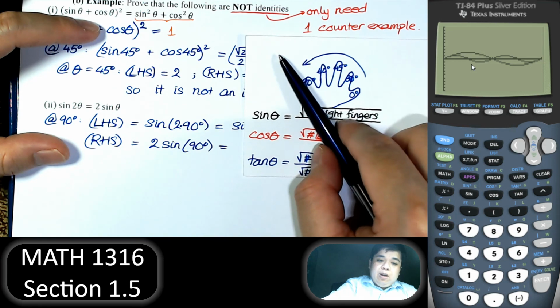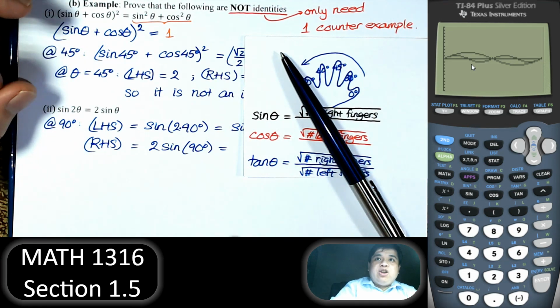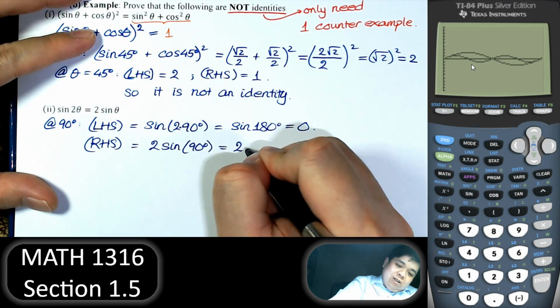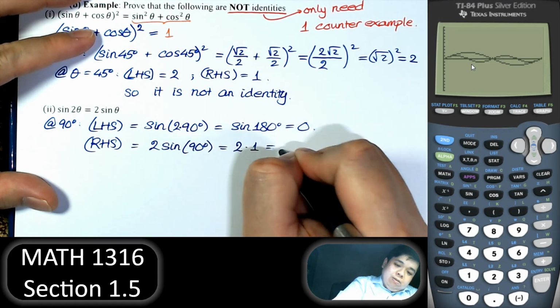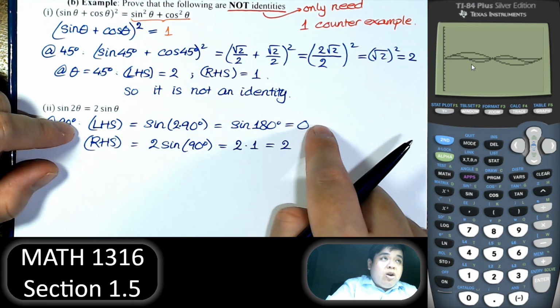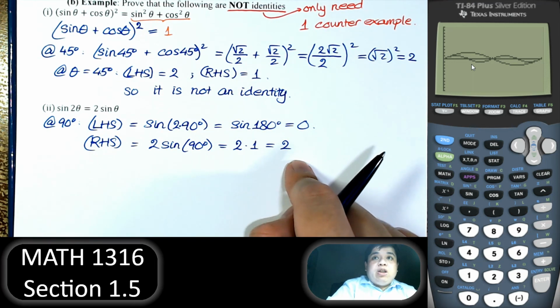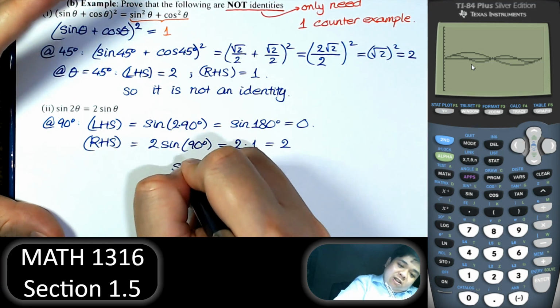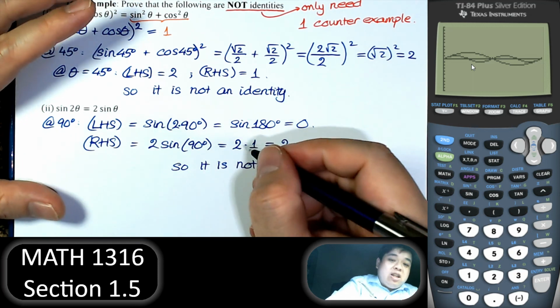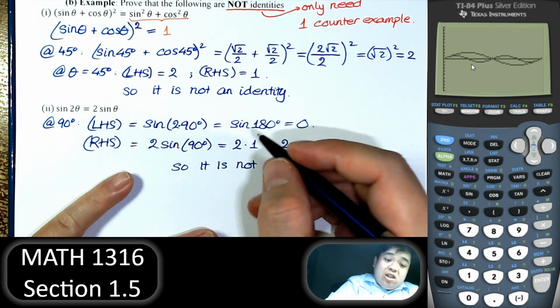So 2 times 1 is 2. So at 90 degrees, the left hand side is equal to 0, the right hand side is equal to 2. They're not the same, so not an identity. Yeah. One counterexample can show that it is not an identity.